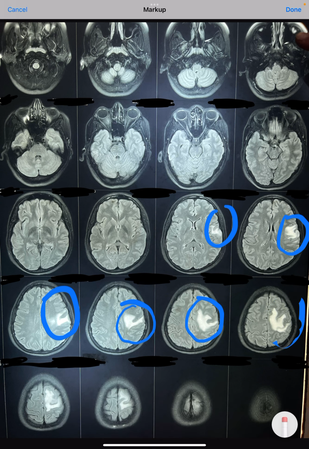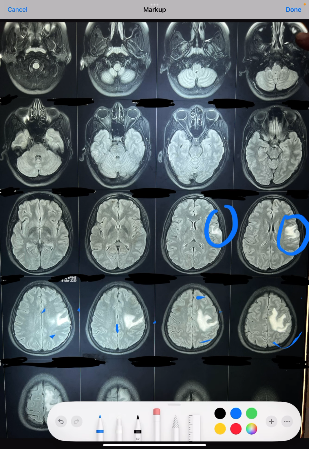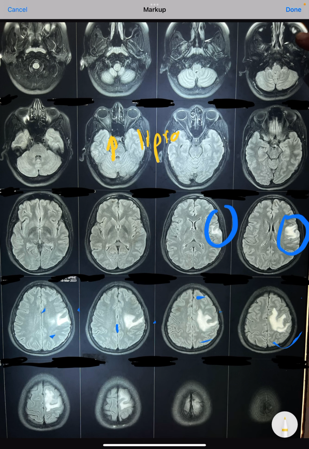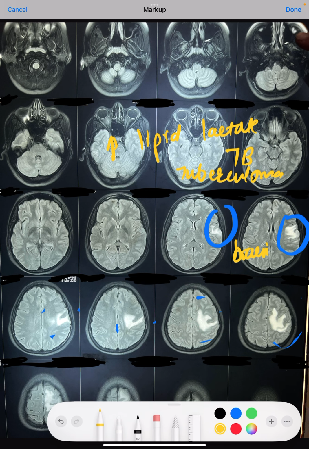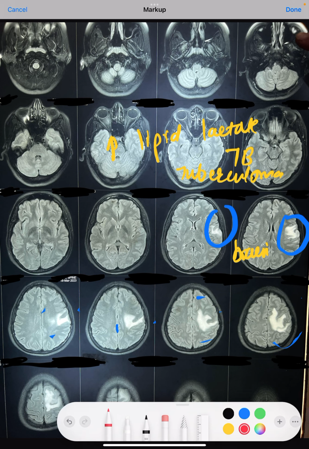We also did MRS, that is spectroscopy, of this patient, which showed increased lipid lactate. Increased lipid lactate is very commonly seen in TB, or tuberculoma of the brain. Tuberculoma of the brain is actually a brain lesion which is caused by TB.